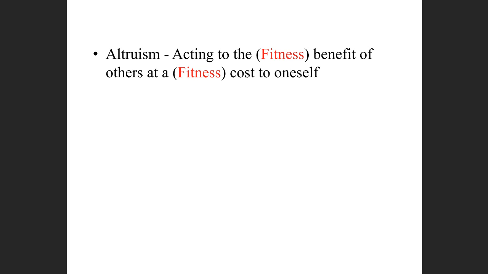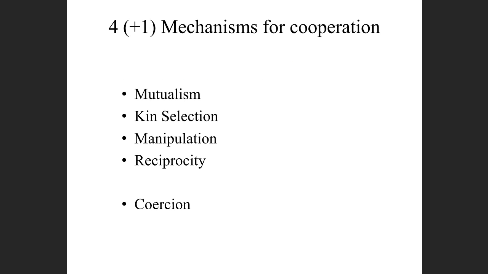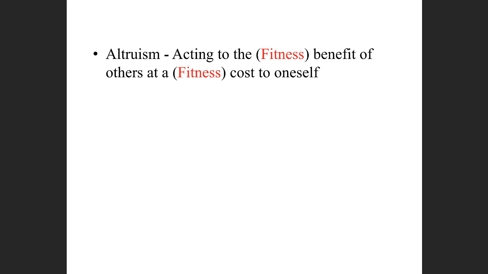And you want to remember what we mean by fitness: either an increase in survival or reproductive success, survival or fecundity. Both of those multiplied times each other give you reproductive success.